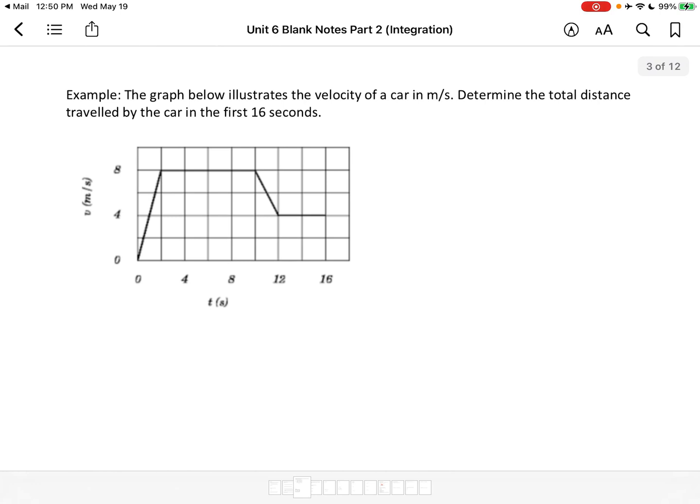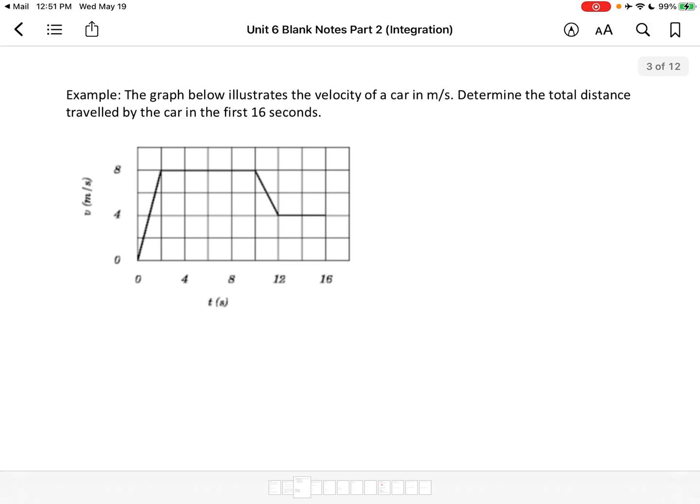Okay, the graph below illustrates the velocity of a car in meters per second. Determine the total distance traveled by the car in the first 16 seconds. Now, if we did not know what we had just discovered, we would actually have to write this velocity function out as a piecewise function, integrate each piece, and find the distance traveled over that specific interval and add them all up.